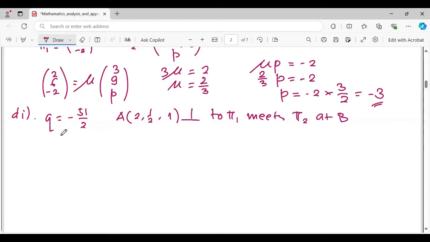So for a line through A, we are going to find a line which is through A perpendicular to plane pi 1. And then for the coordinate point B, we find the coordinate point first, and after that we are going to find the line.